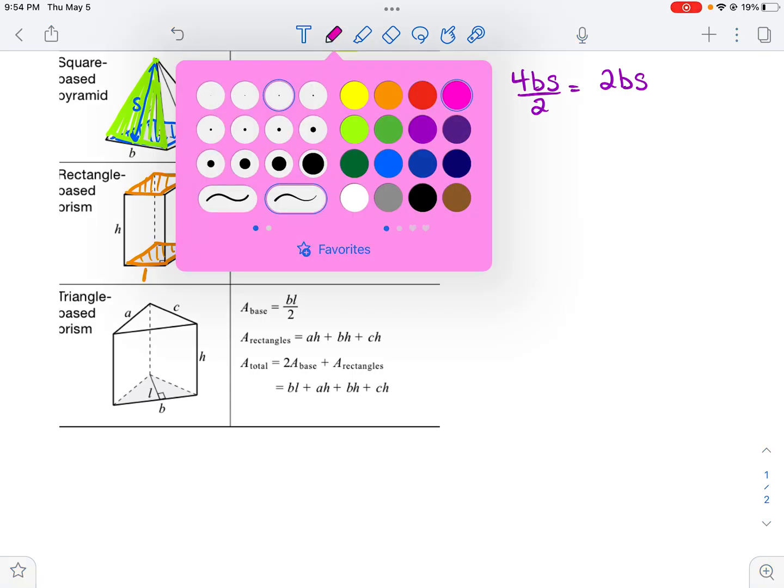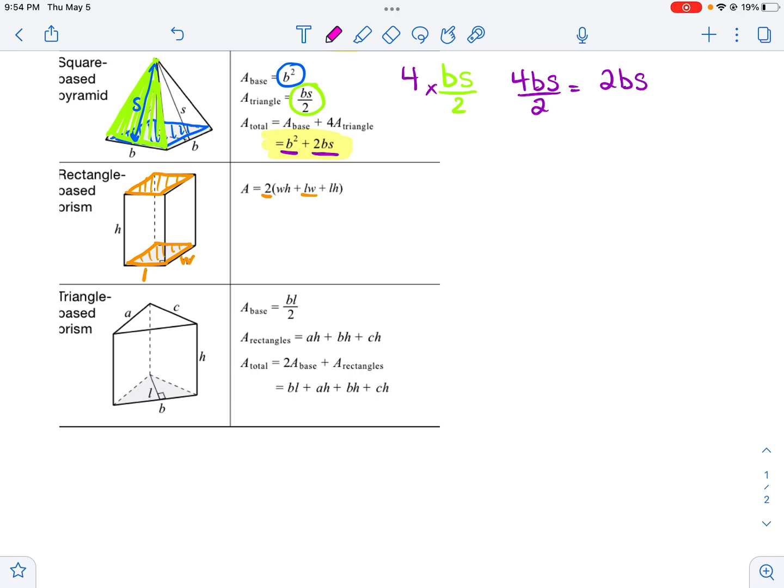Then you also have this rectangle, the front one right here. And the back one will be identical to that one. So those two, this front one and this back one, would be height times length, and we multiply it by 2.